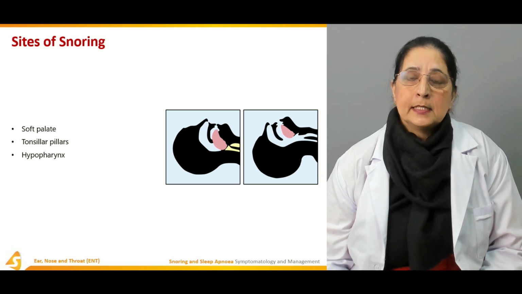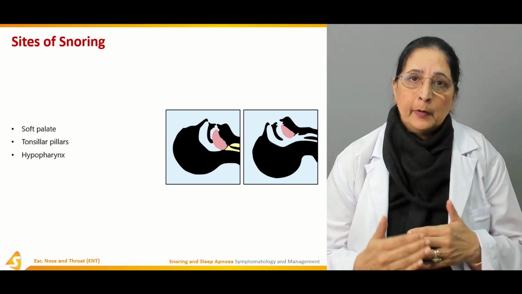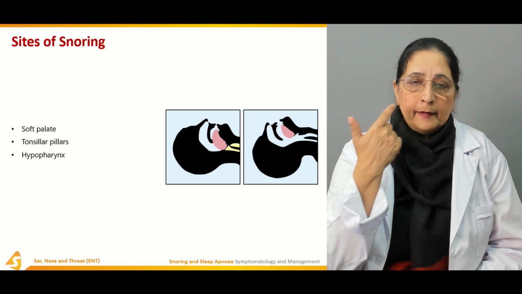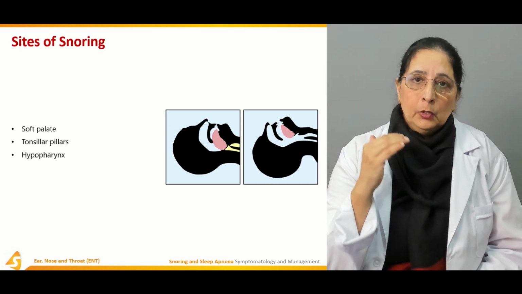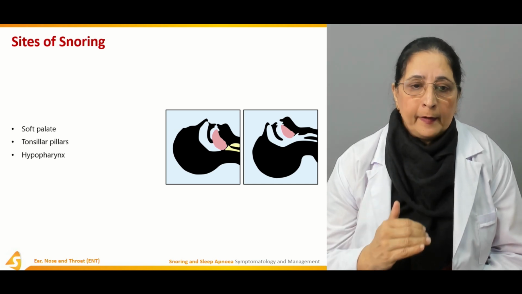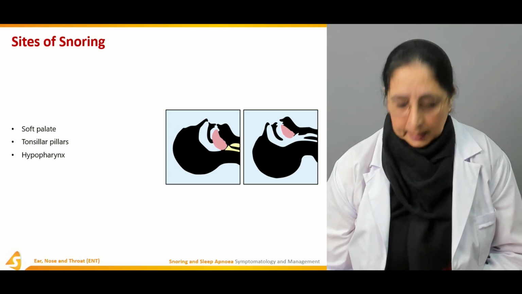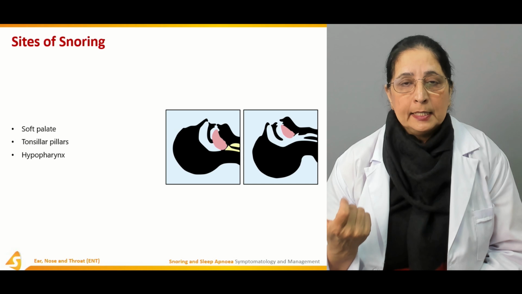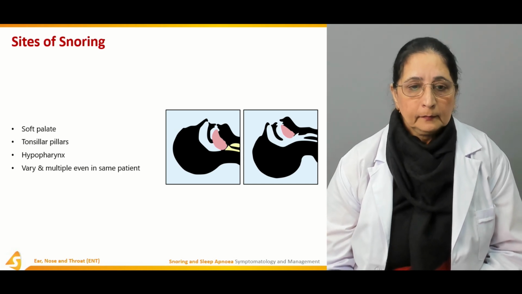Hypopharynx. The pharynx is the throat, and it is divided into three parts. We have the nasopharynx behind the nose, and then the oropharynx. Below the oropharynx, the third part is the hypopharynx, and that is also a site of snoring. So: soft palate, tonsillar pillars, and hypopharynx.